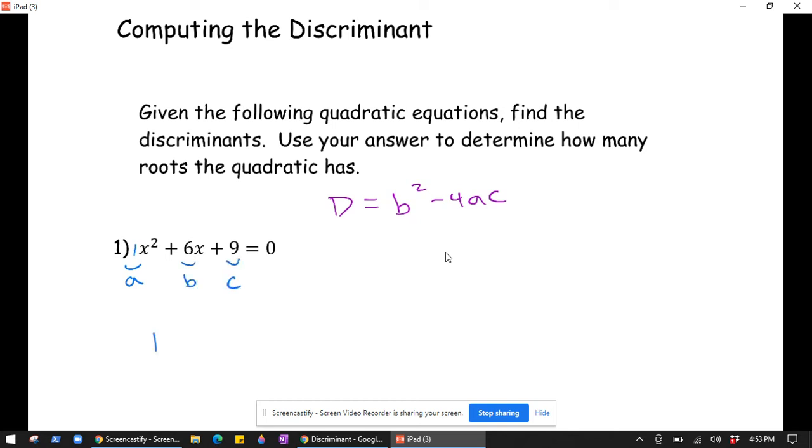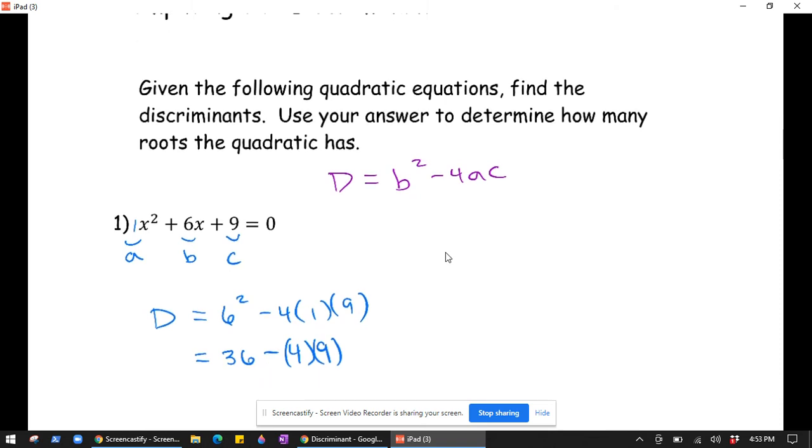So our discriminant would be b squared minus 4 times our a, which is 1, times c, which is 9. We simplify this. 36 minus 4 times 1 times 9, and this becomes 36 minus 36, which is 0.